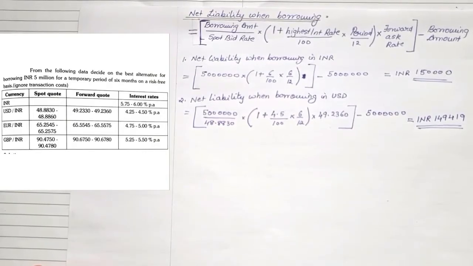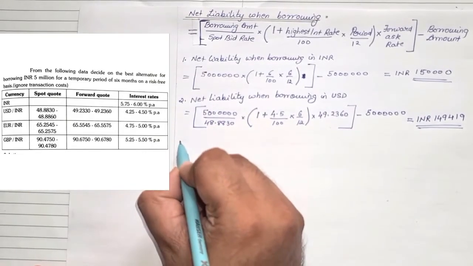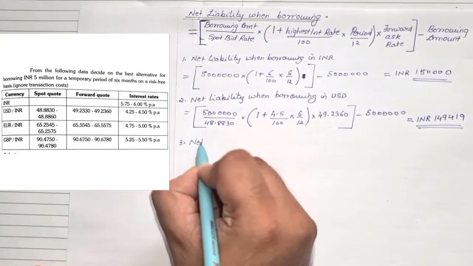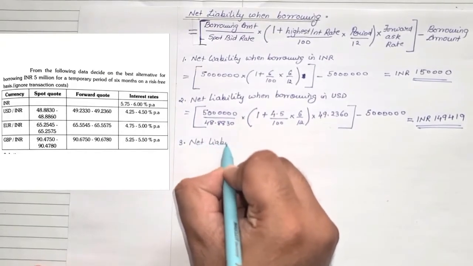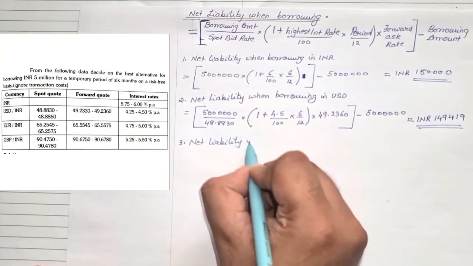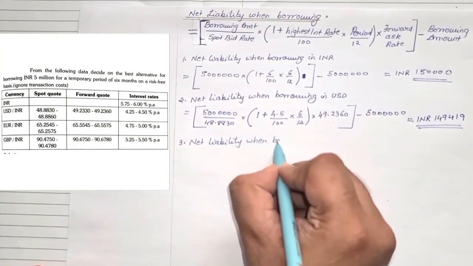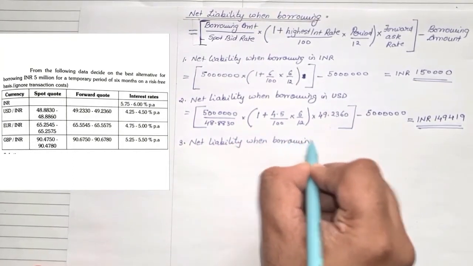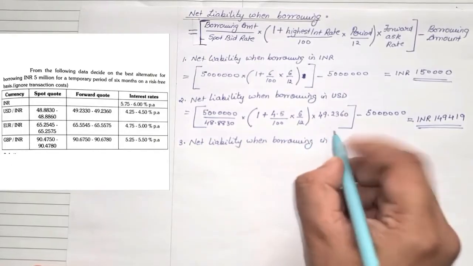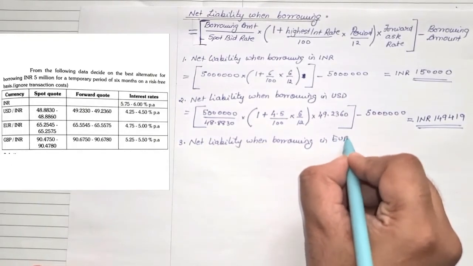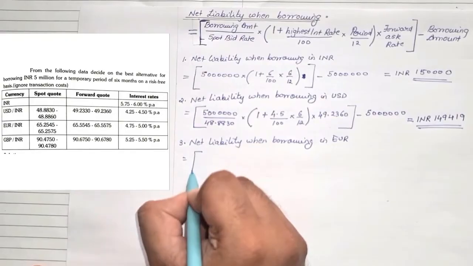Third is euros. So we'll write this as third, net liability when borrowing in euro. Again, the formula remains the same.